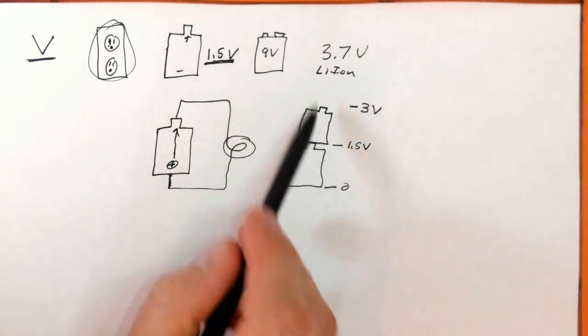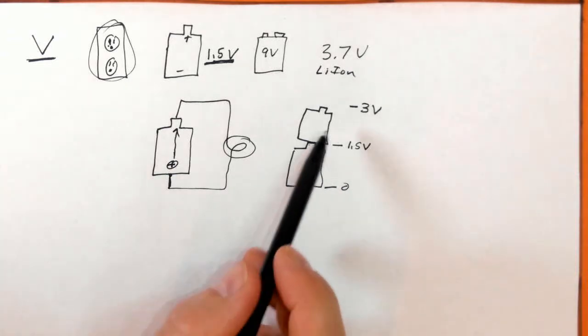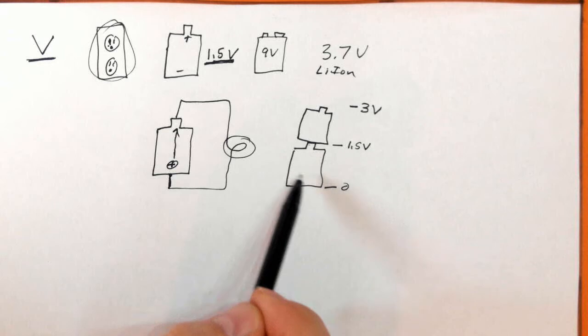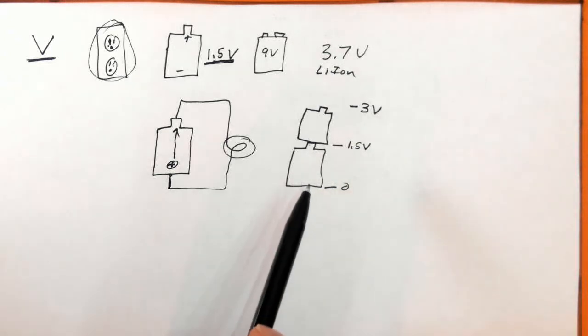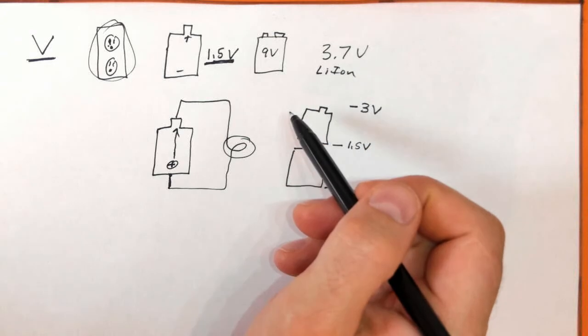And so by stacking these in order, you can just create whatever voltage you want. That'll be in units of whatever the fundamental chemistry is inside one battery. Now lithium ion is a different chemistry and gives you a different voltage.